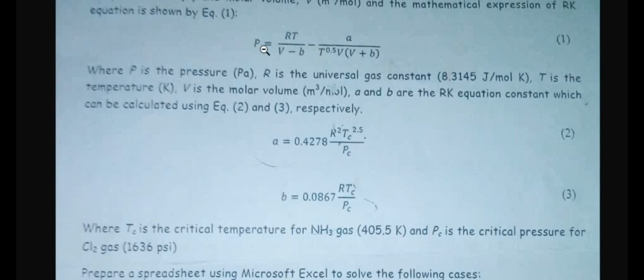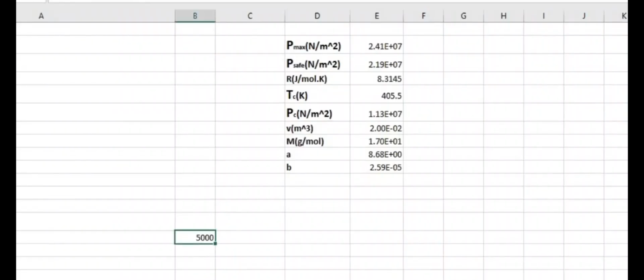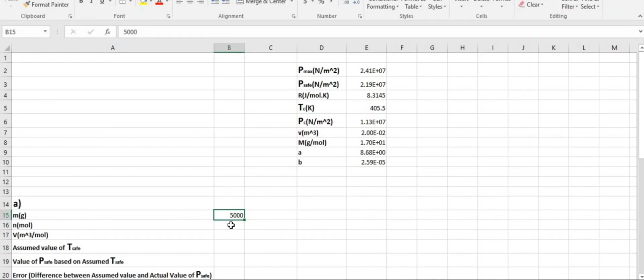But then remember that our V is the molar volume, not the ordinary volume, and that can be gotten by dividing the actual volume by the number of moles of ammonia. And the number of moles of ammonia can be gotten by calculating reacting mass divided by molar mass, and we're given our molar mass as 17.03 gram per mole.